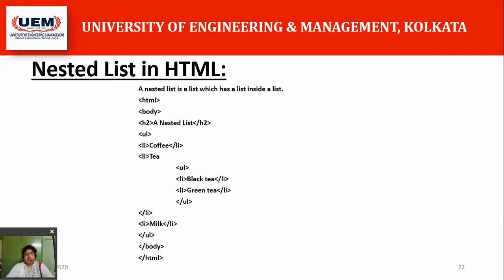So the last is the nested list in HTML. A nested list is a list which has a list inside a list. This is called a nested list.